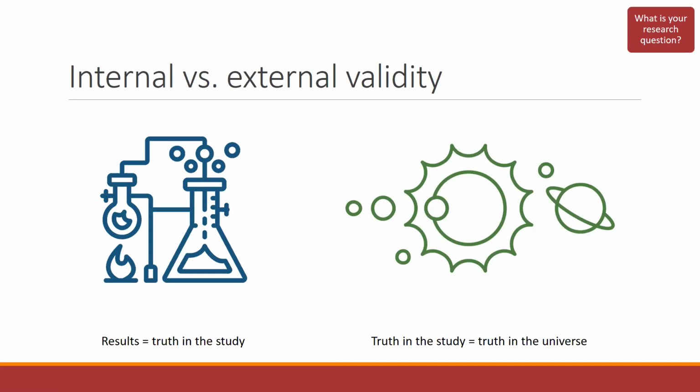There's always a balance of factors that will increase internal or external validity within your study, so it's almost painted as a tension between the two within one research study. But within implementation science, you want to have a little more focus on external validity.